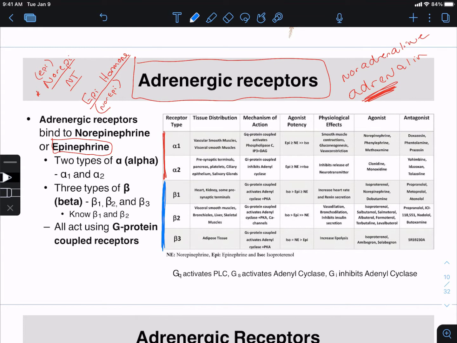So alpha 1, let's look at alpha 1 first. Alpha 1 is found in vascular smooth muscles. What does that mean? Well, vascular means the cardiovascular system. It's the blood vessels. And those blood vessels, especially some of the arteries, all of the arteries, the arterioles, and the veins, they all have some smooth muscle in the wall of those vessels.